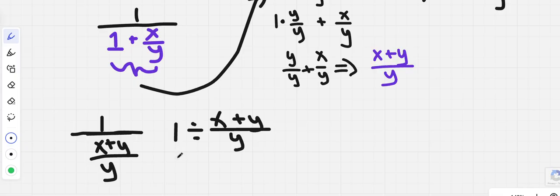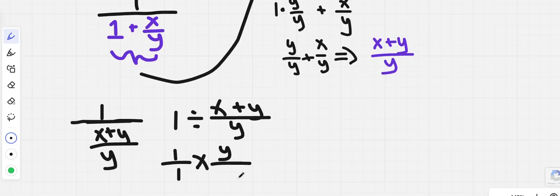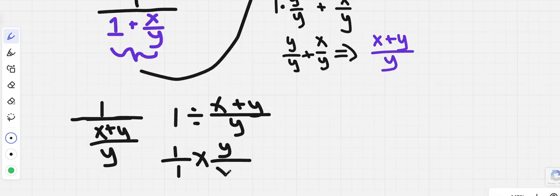And remember, we're going to keep the first fraction the same. So 1 as a fraction is 1 over 1. All whole numbers have a 1 as a denominator. We're going to change our division to multiplication, and we're going to flip our second fraction. Or in other words, we're going to write the reciprocal of the second fraction.